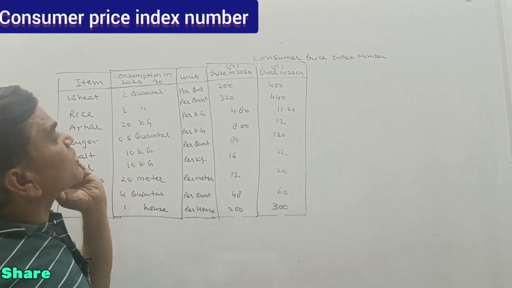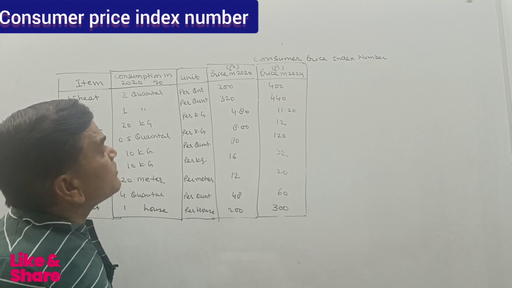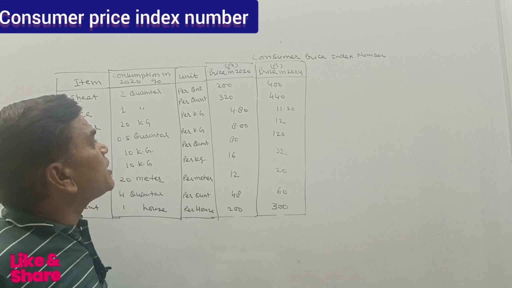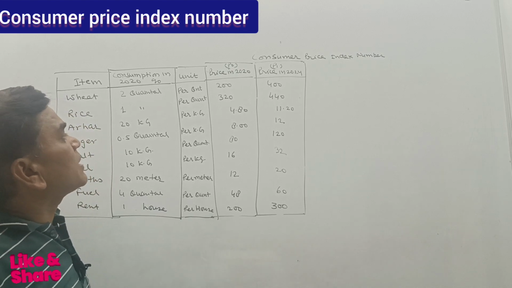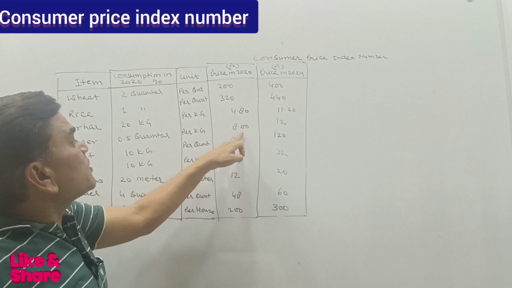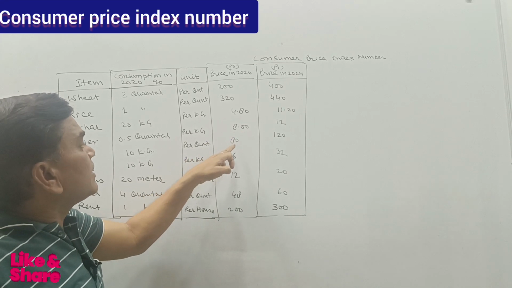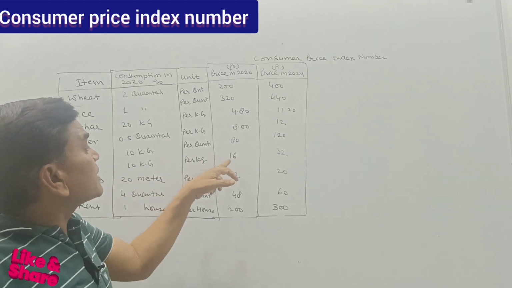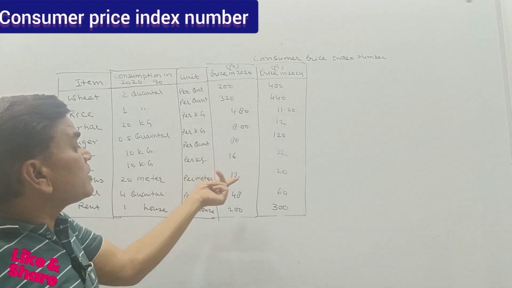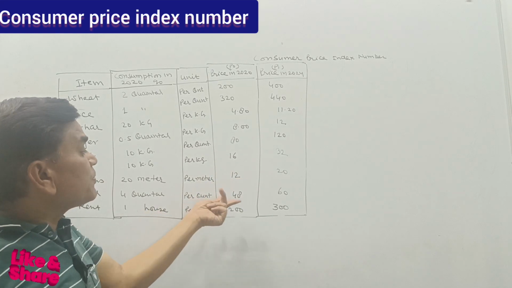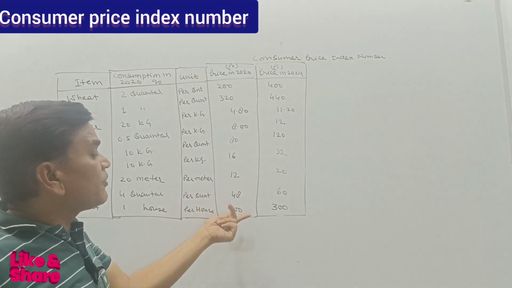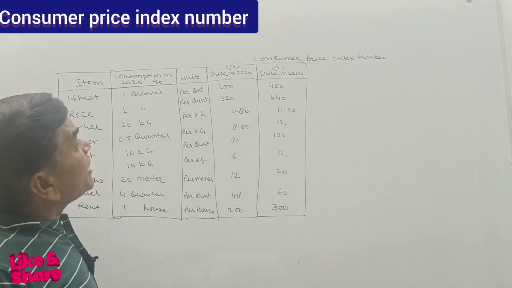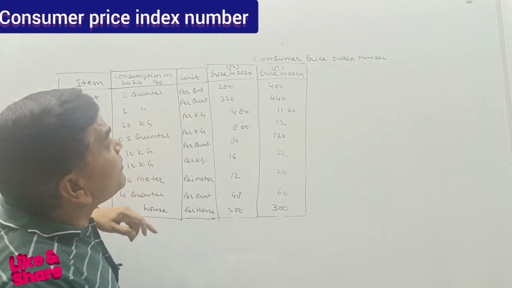In the base year, wheat was 200 rupees per quintal, rice 320 rupees per quintal, arhar dal 4 rupees 80 paisa per kg, sugar 8 rupees per kg, salt 80 rupees per quintal, oil 16 rupees per kg, cloth 12 rupees per meter, fuel 48 rupees per quintal, and rent of house 200 rupees. So for that we have to keep this. Firstly we have Q0.